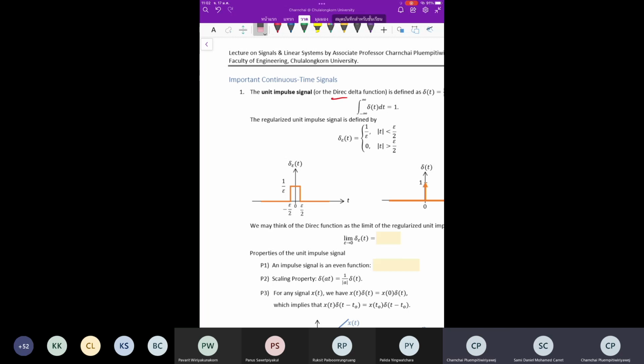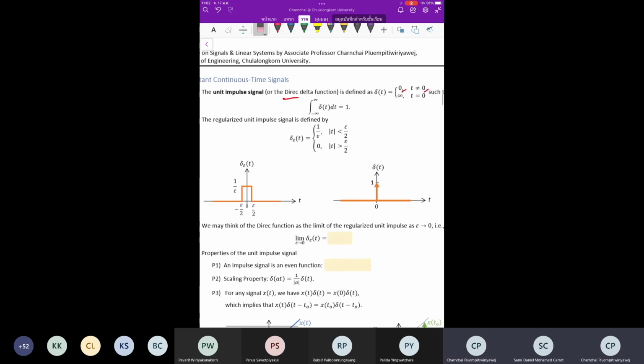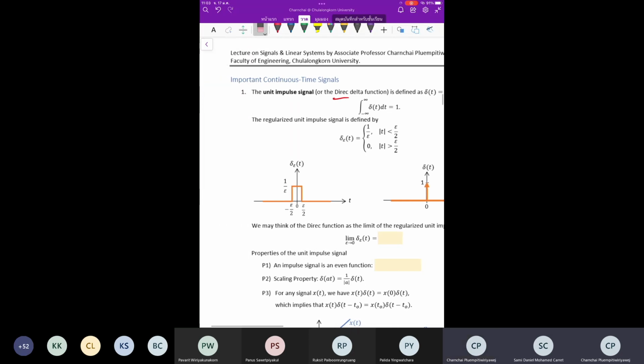Regularized means this one: delta with subscript epsilon equals 1 over epsilon, meaning the height is 1 over epsilon, for absolute t less than epsilon over 2. So the height is 1 over epsilon, and the width is from negative epsilon over 2 to epsilon over 2.